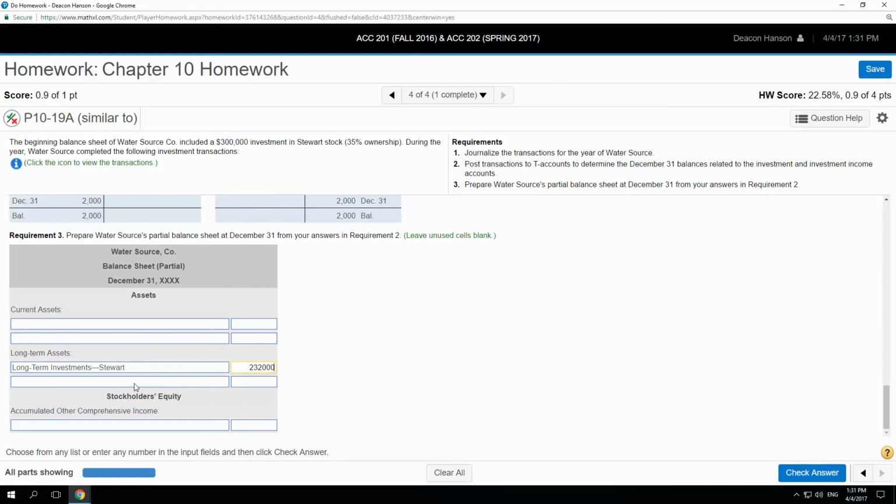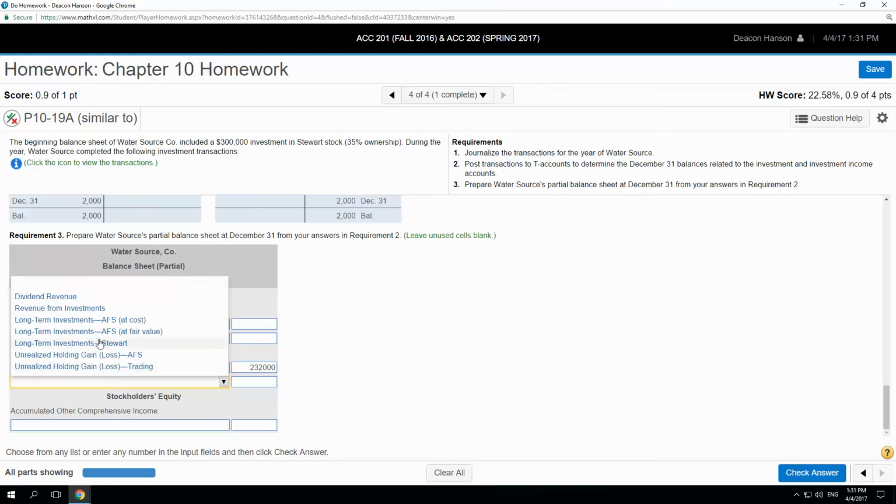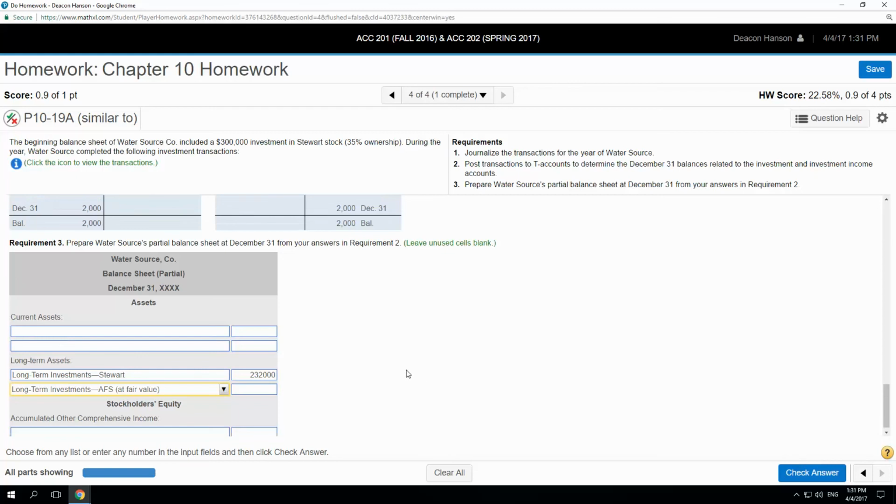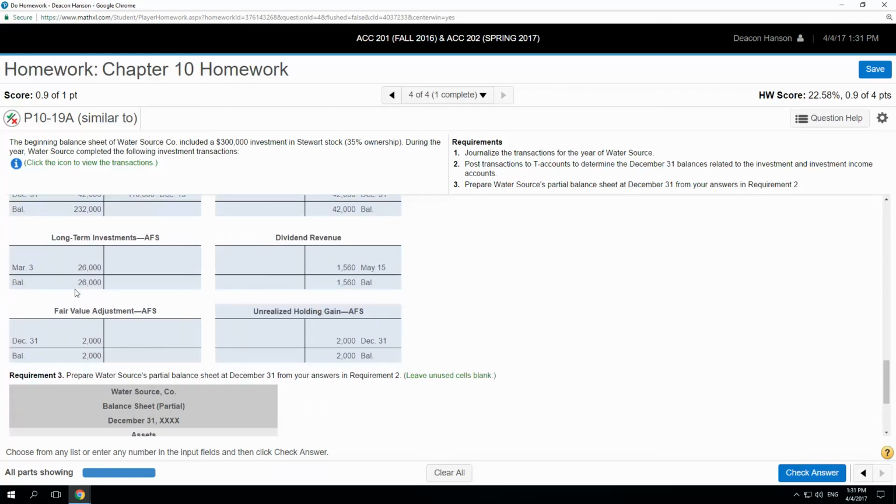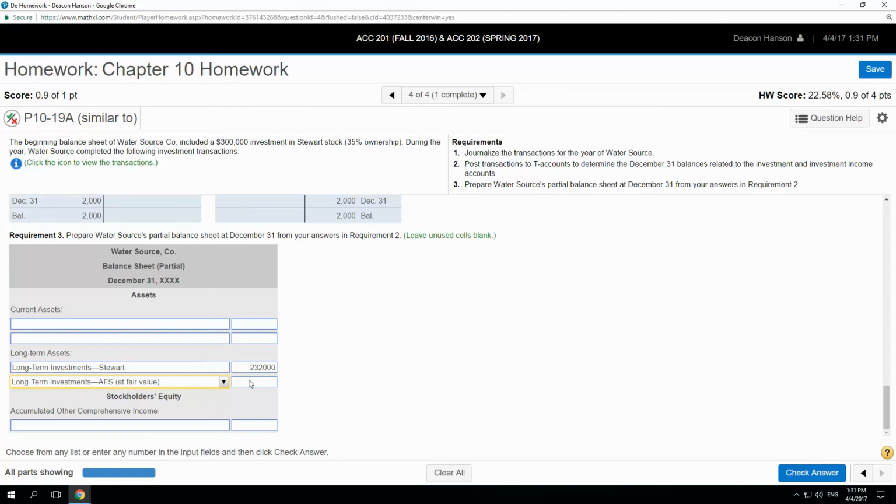Remember now, we have to combine the two, right? Because it's being presented at fair value. So the cost is 26,000 plus that adjustment of 2,000 would be 28,000. We made this adjustment to bring it up to fair value. So we have 28,000.